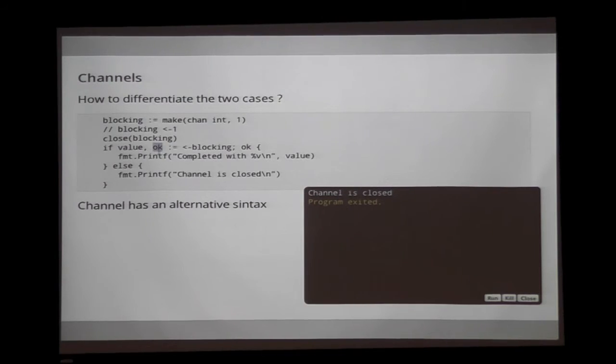And the channel is closed because we just closed it immediately. But if we send a message, then the channel will have one message because it's buffered, and that will print completed with 1.